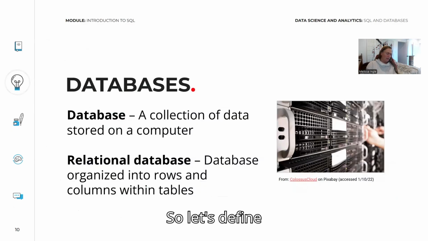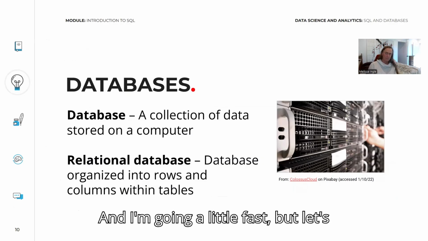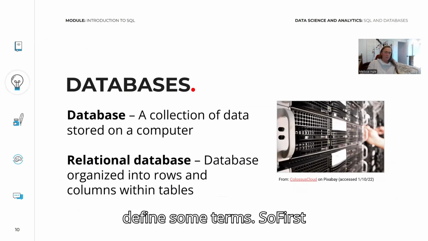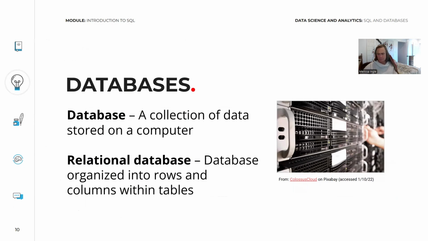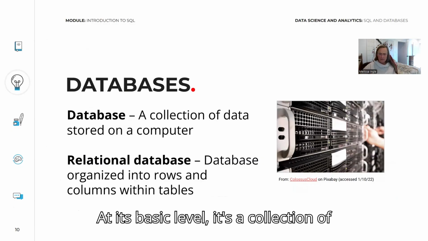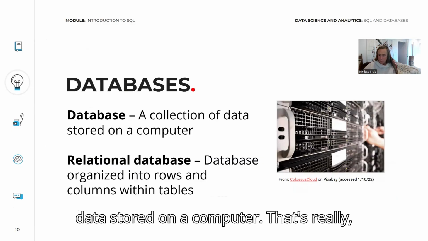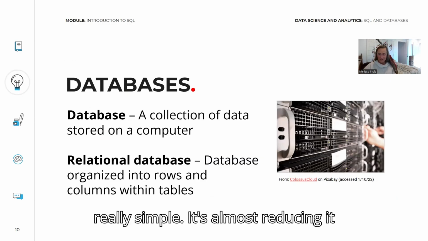So let's define some terms. I know I'm going a little fast, but let's define some terms. First of all, what is a database? You've heard me say this many times. At its basic level, it's a collection of data stored on a computer. That's really, really simple.